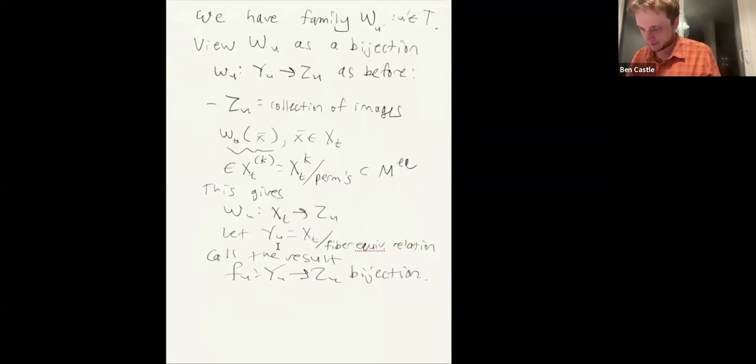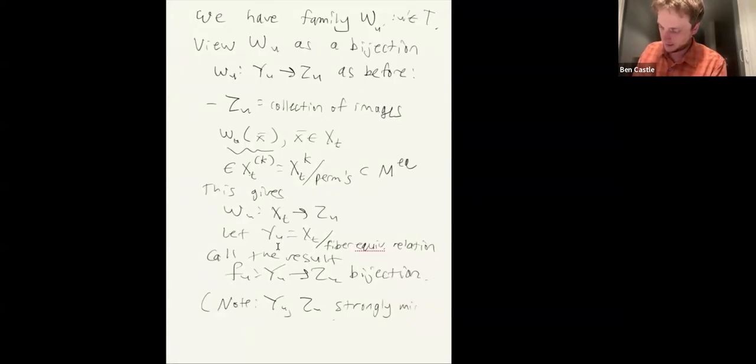There is something else I wanted to say about that for now. So note that YU and ZU are strongly minimal as well. You can check that. First of all, ZU is strongly minimal because you have this function WU going from a strongly minimal set XT to ZU.